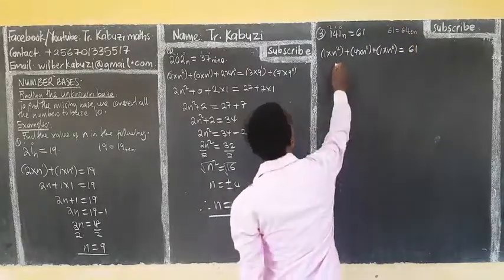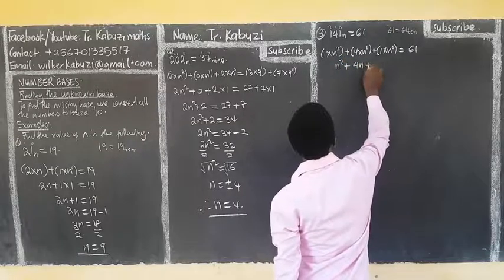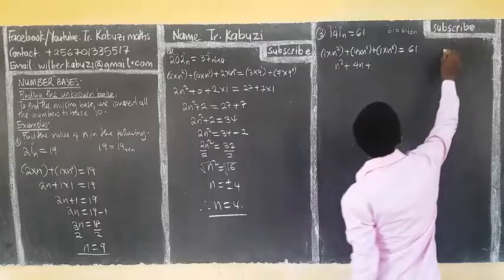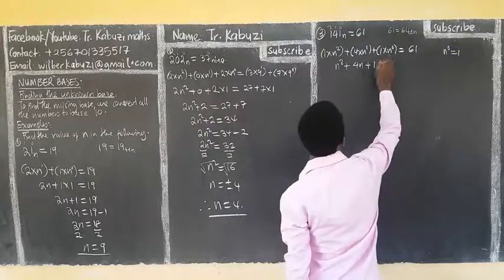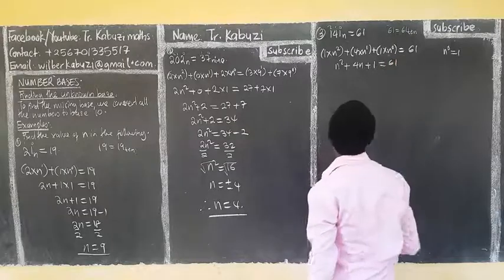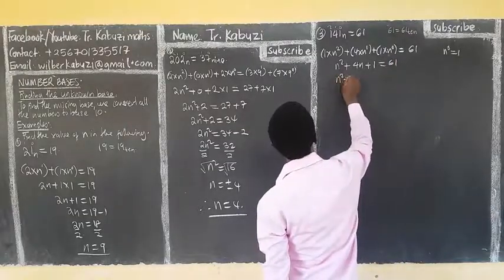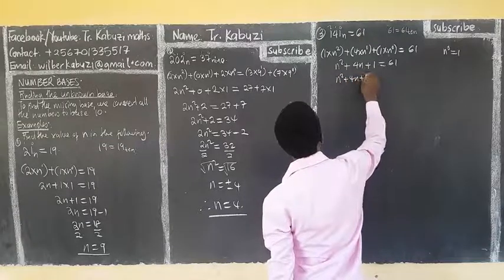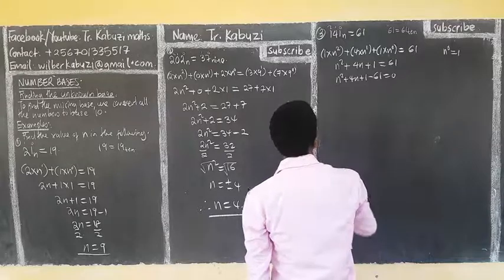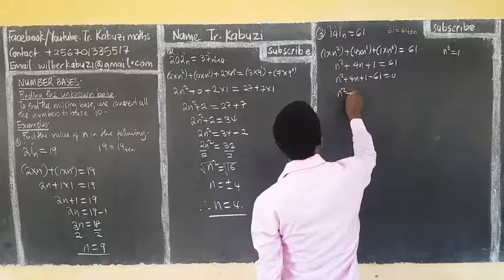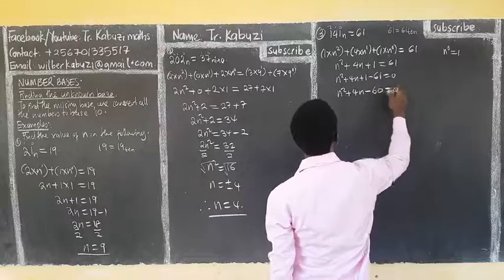So this is n squared plus 4n plus 1, since n power 0 is 1, equaling 61. Now we bring everything this side: n squared plus 4n plus 1 minus 61 equaling 0. Then you simplify, you have n squared plus 4n minus 60 equaling 0.